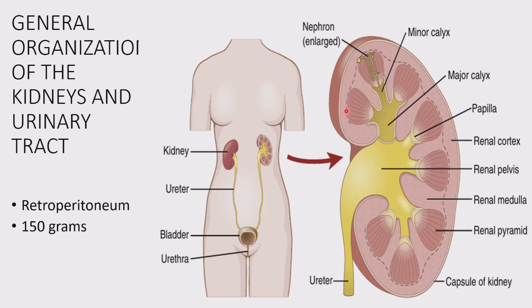Your medulla is divided into these 8 to 10 inverted triangles known as the renal pyramids. The base of the pyramid is between the cortex and the medulla, while the apex ends at the papilla.